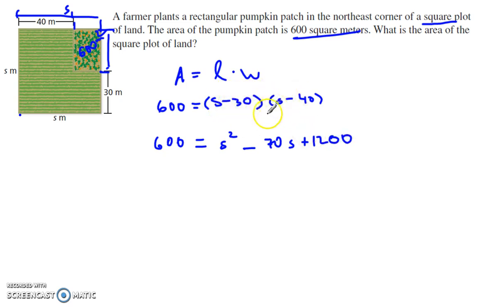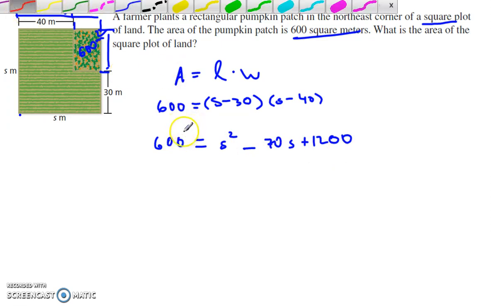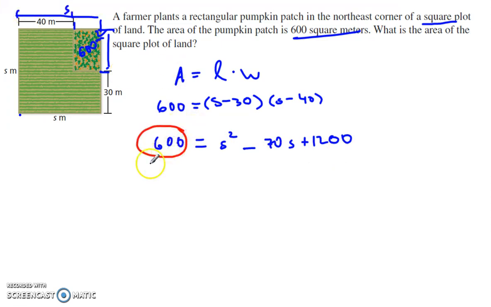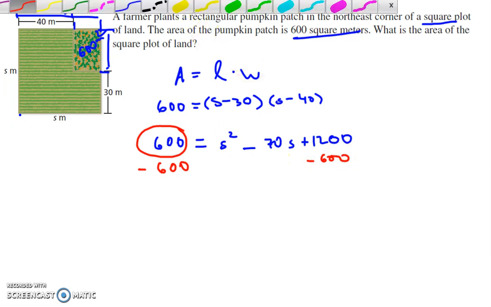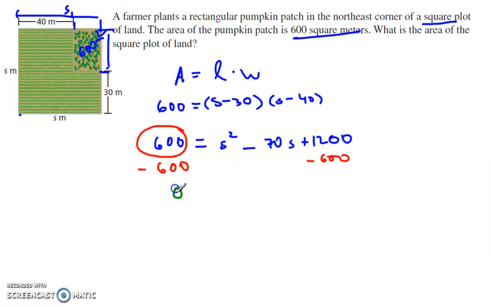After multiplying these, we get this trinomial. Now remember, in order to factor, we need to set that equal to 0. So now it equals 600, so we have to subtract 600 from each side. And that's going to give us 0 is equal to S squared minus 70S plus 600.